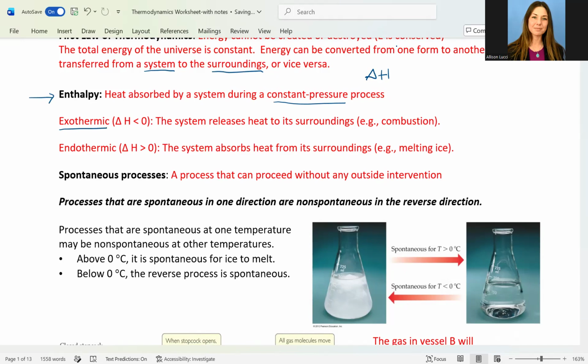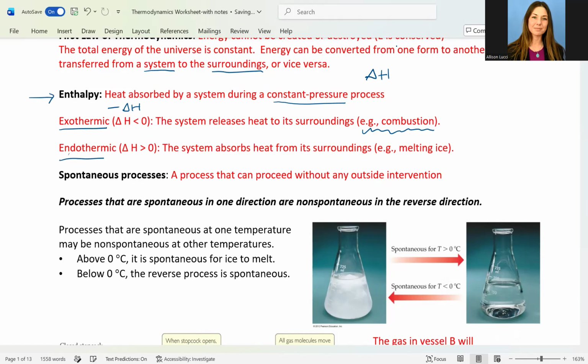Exothermic is where we have a negative delta H, where the system releases heat to the surroundings. An example of a reaction that would have a negative delta H is a combustion reaction. If you ever used a barbecue grill, the gas combusts and produces heat. So you can actually feel the energy being released, the heat being released.